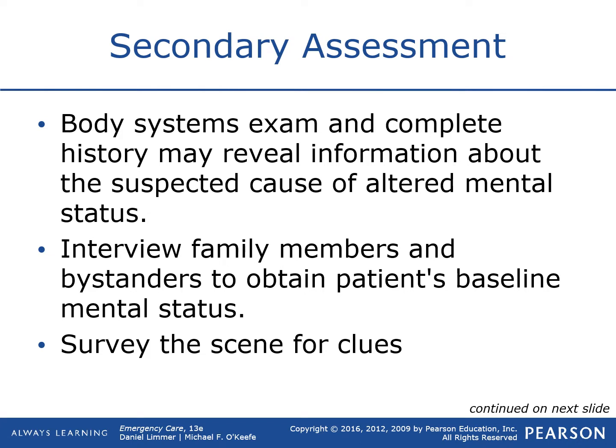Or if you have an altered mentation patient at home and the family says that they have an extensive drug use history, and you see drug paraphernalia there, so you see some needles, syringes, you see baggies of heroin, then you should probably think that this might be an overdose problem. So taking a look around the scene and talking to family and bystanders, which could include friends who know the patient, is huge to helping you figure out this mystery that you need to solve.